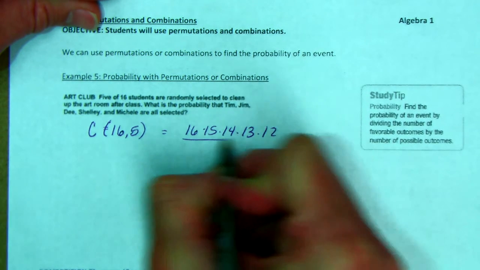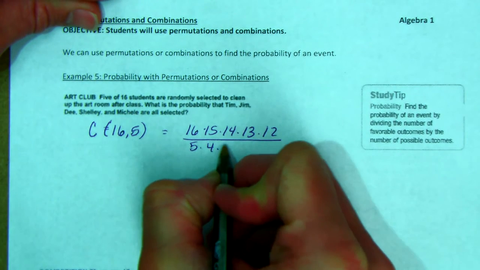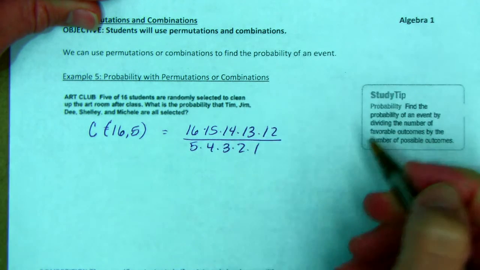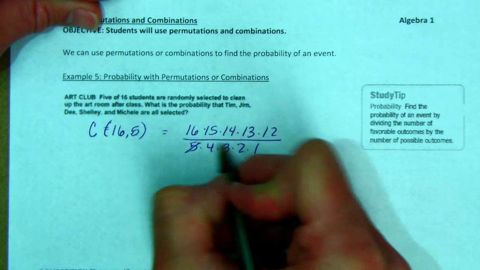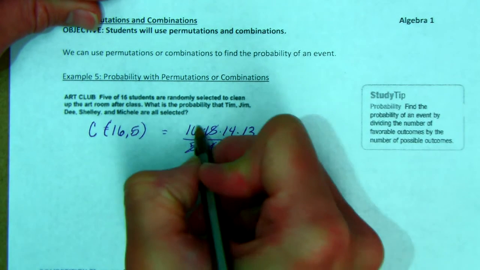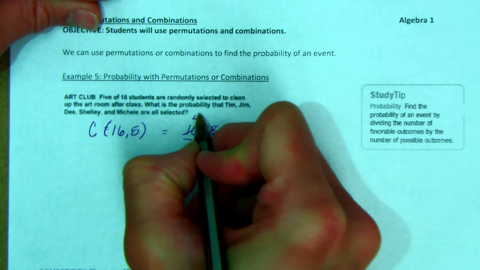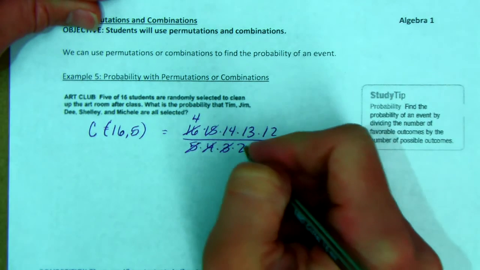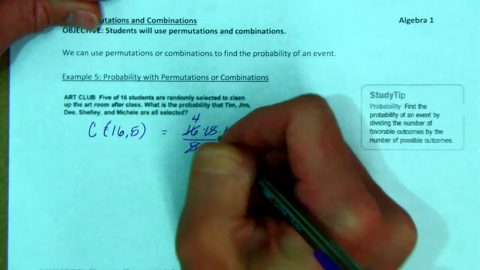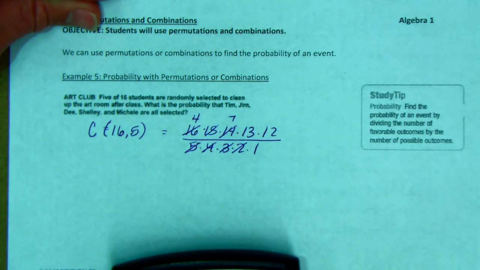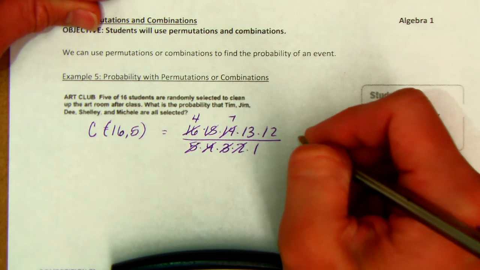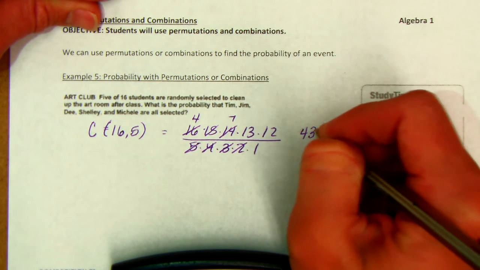Let's see, 5 times 3 is 15, 4 times 4 is 16, and make that 7. So I have 4 times 7 times 13 times 12, and I get 4,368. So that's how many ways I can choose Tim, Jim, Dee, Shelley, and Michelle.